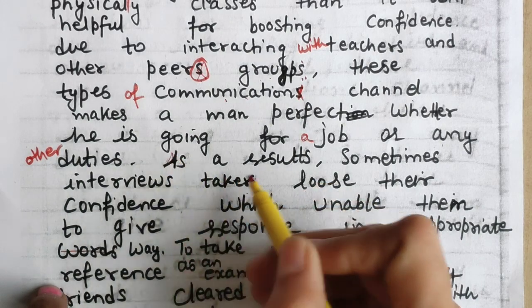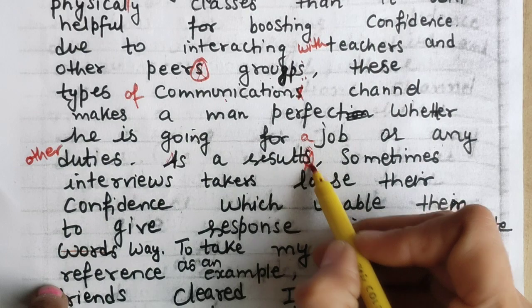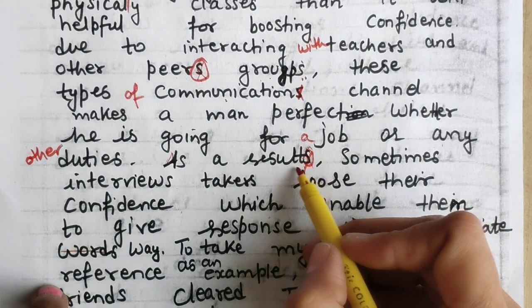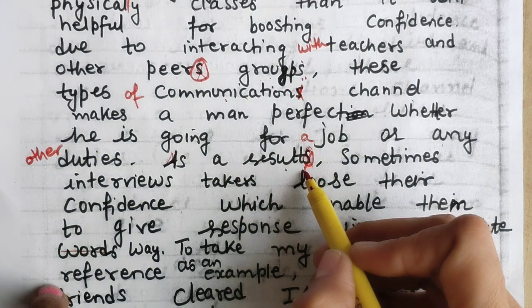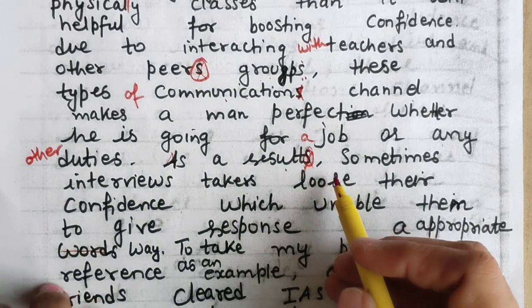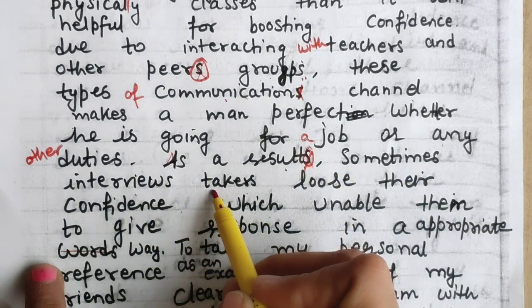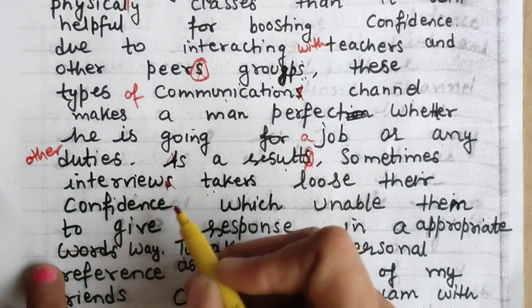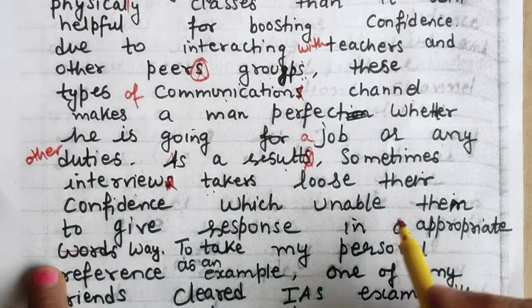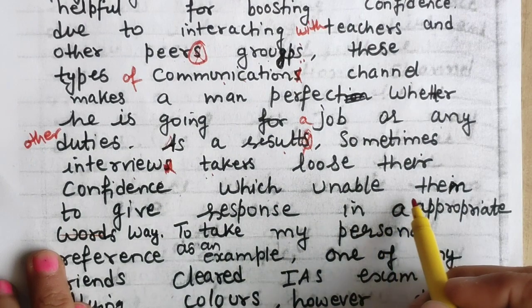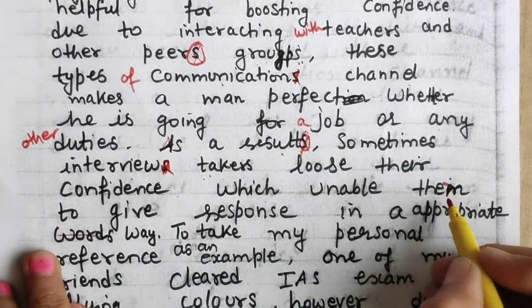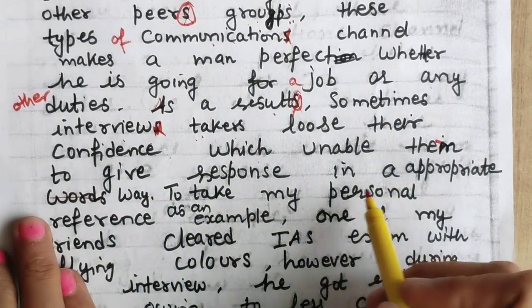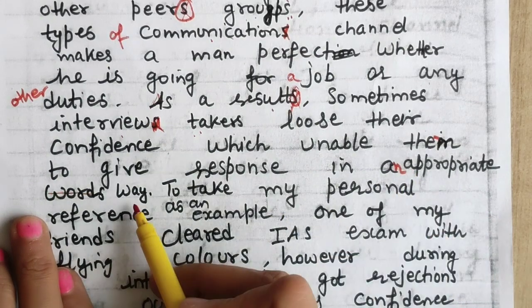As a result, why is it as a result only, one result will come, na. So many results you are not going to talk. Sometimes interview takers, okay, not as here, lose their confidence, which enable them to give response in an appropriate way.